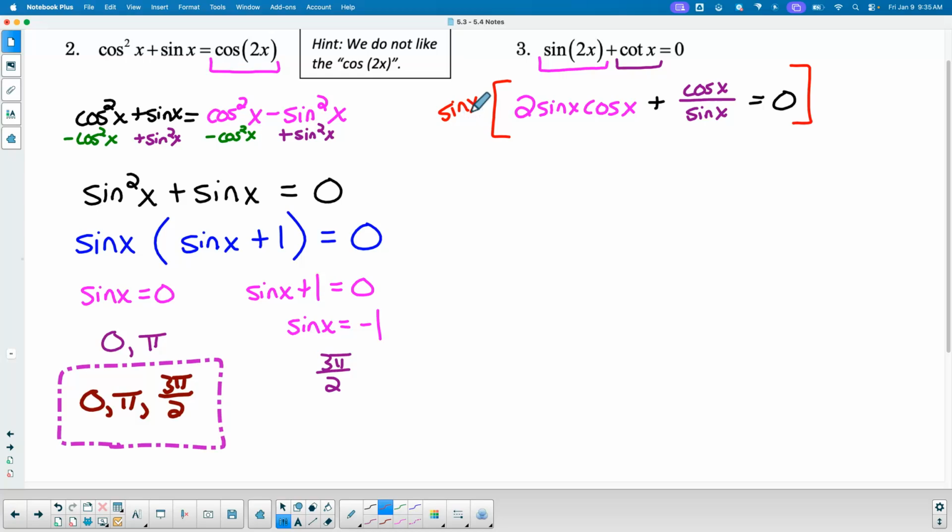If I multiply the entire equation by sine, then I would get 2 sine squared of x cosine of x plus cosine of x equals 0. Agree with that?